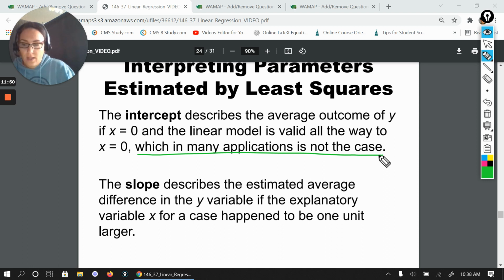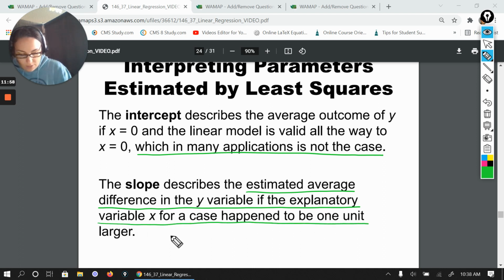The slope describes the estimated average difference in the y variable if the explanatory variable x for a case happened to be 1 unit larger. So when we describe the interpretation of the slope, here's the language that we can use. For every blank, which is x, we expect blank, which is the y.